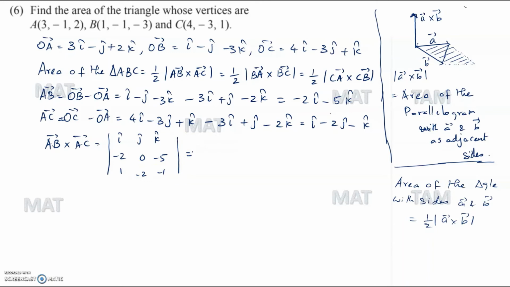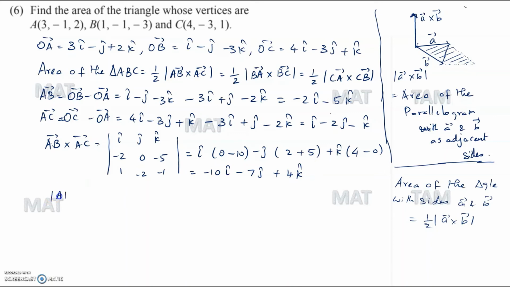So solving this, we get i cap into 0 minus 10, minus j cap into 2 plus 5, plus k cap into 4 minus 0. That's equal to minus 10i cap minus 7j cap plus 4k cap.